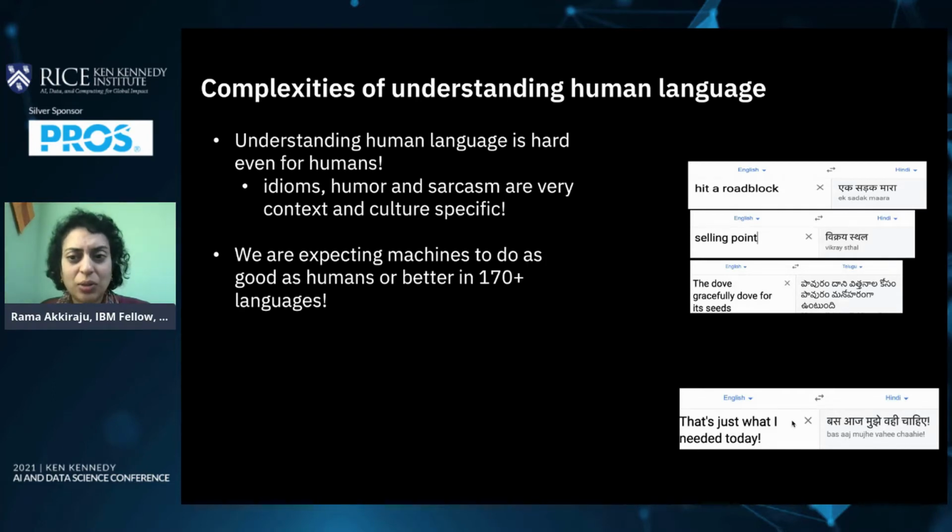I've noticed that when I throw in idioms and phrases such as hit a roadblock or selling point, or this other one, the dove gracefully dove for its seeds, and a sarcastic remark, that's just what I needed today, you can see, for those of you in the audience who understand English and Telugu, that the literal translation falls flat on its face. So yeah, human language is hard.